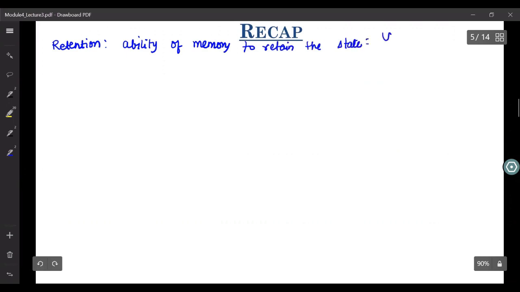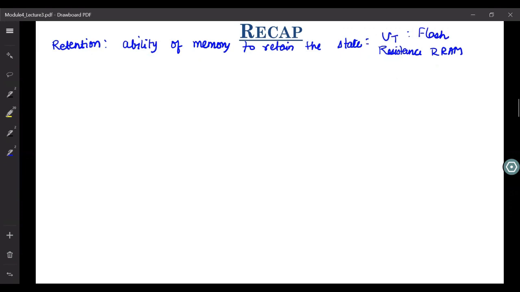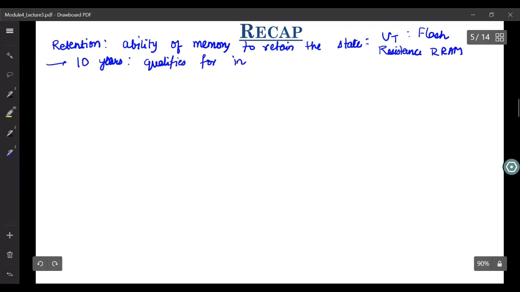That state can be threshold voltage for flash, resistance or conductance values for RRAM, and so on. The industry standard is if any device can retain the state for 10 years, then it qualifies for industrial memories.